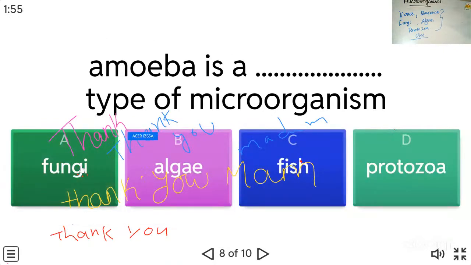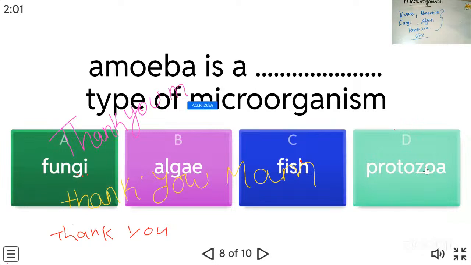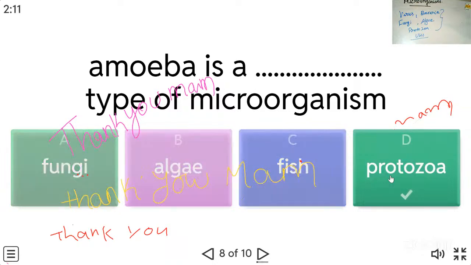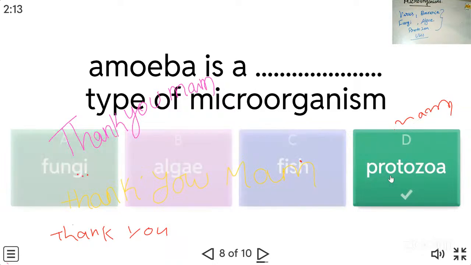Amoeba is which type of organism? Protozoa. Please try it yourselves. Amoeba is an example of protozoa only. Yes, that is the right answer.